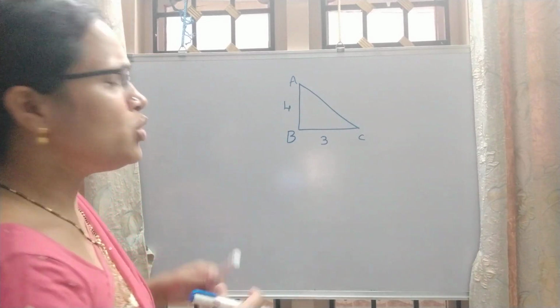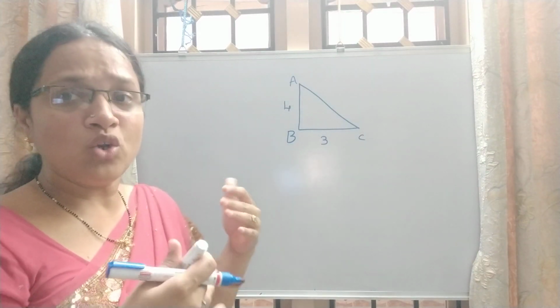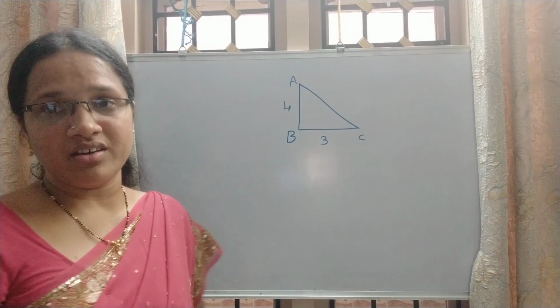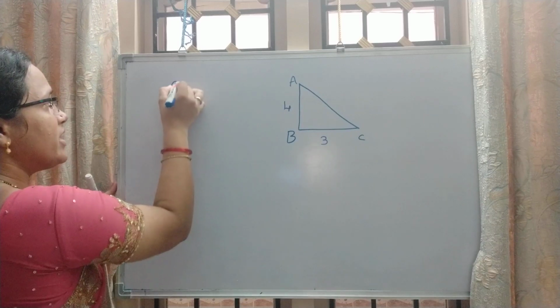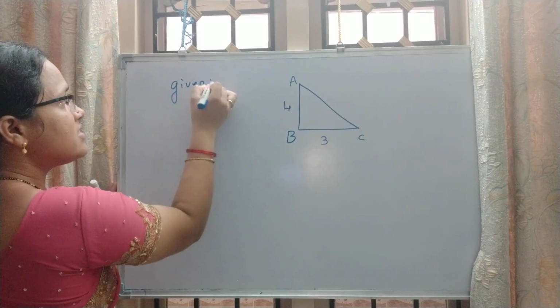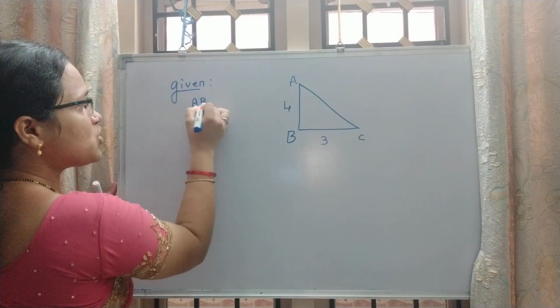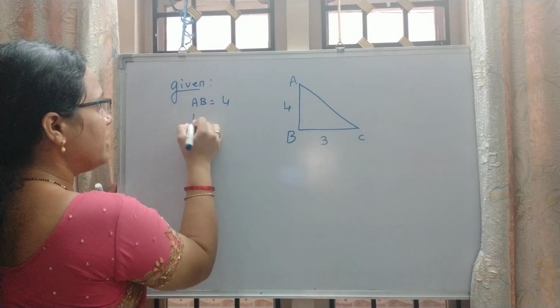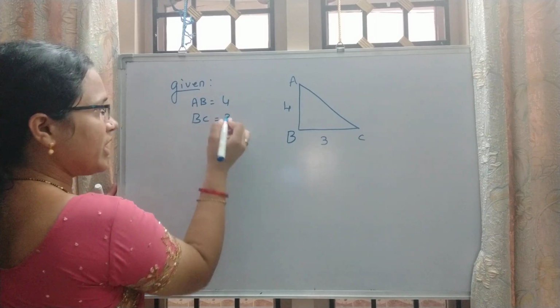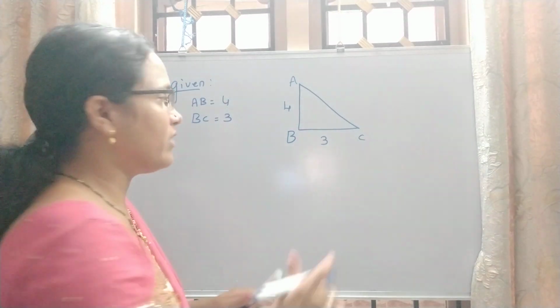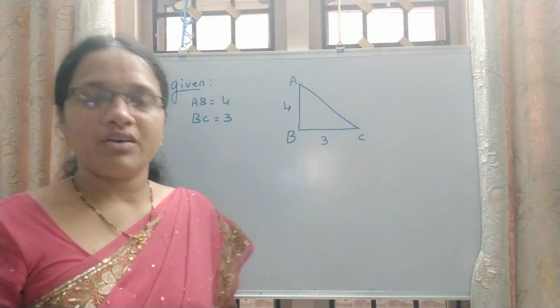See, usually first let us know for ourselves what is given here. The given is AB equals 4 and BC equals 3 units. Okay, 3 units and 4 units, right?